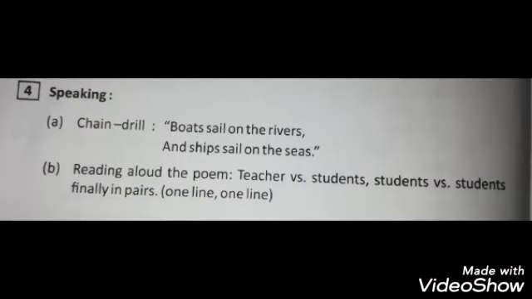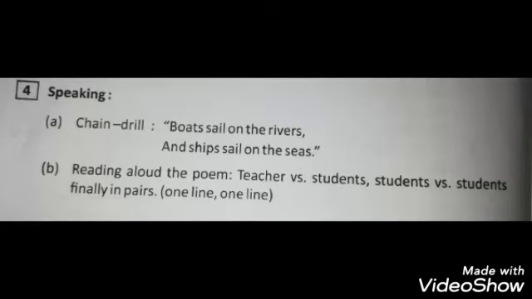Then come to speaking activity. There are 2 sections in speaking activities. One is chain drill. Boats sail on the rivers and ships sail on the seas. So what do you mean by chain drill, students? Each and every student will speak the 2 lines.